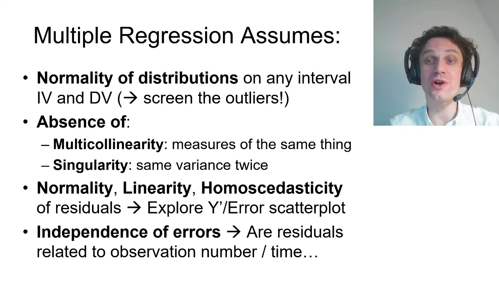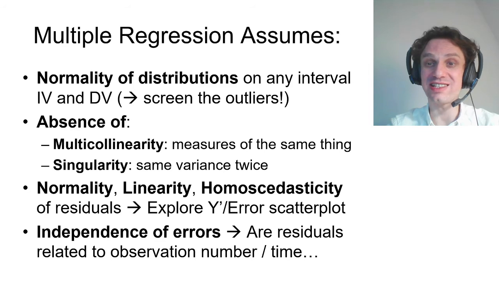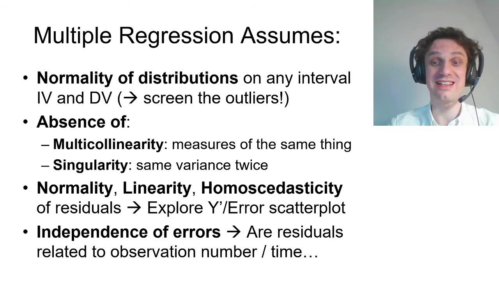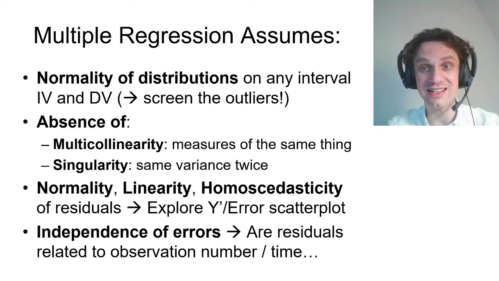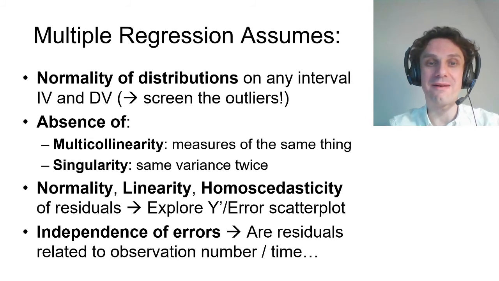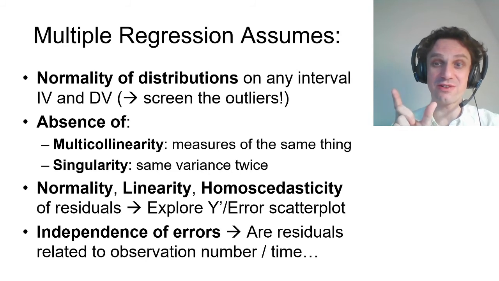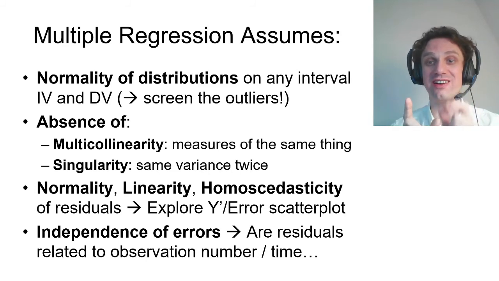And an even worse case is called singularity, when in your regression you include the same variance twice. Some people who don't know how regression works, or other statistical models, the same goes for factor analysis, for example, include into regression a subscale from a questionnaire and a total score that is basically a sum of different subscales.